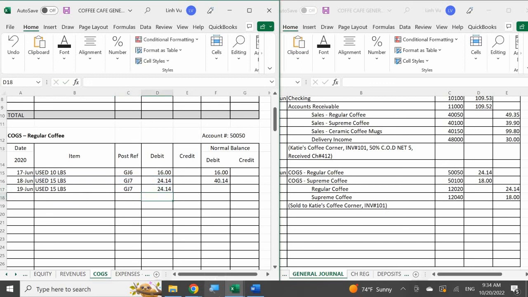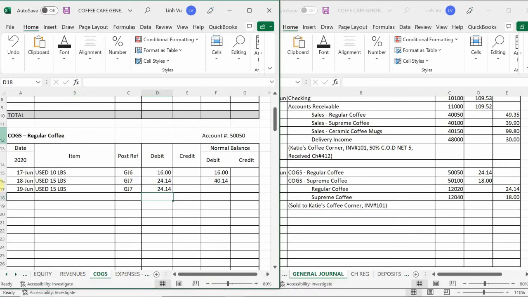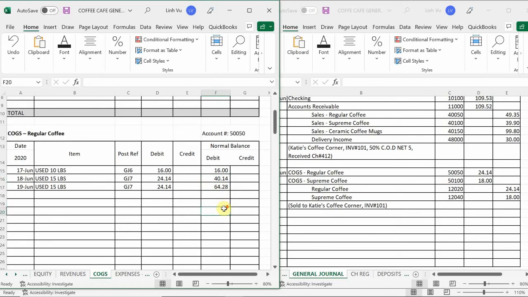So how much was my grand total cost of goods sold for regular coffee? $64.28. Good.